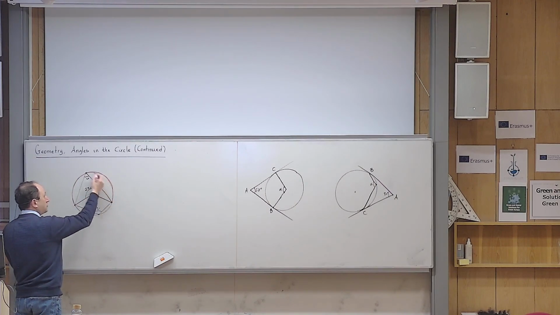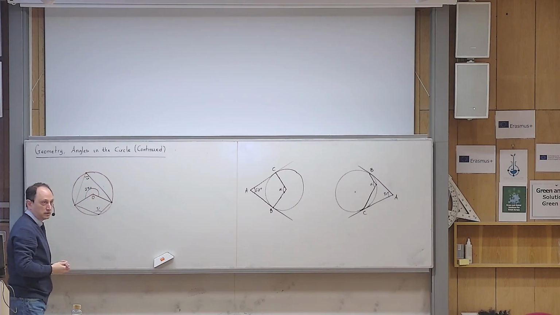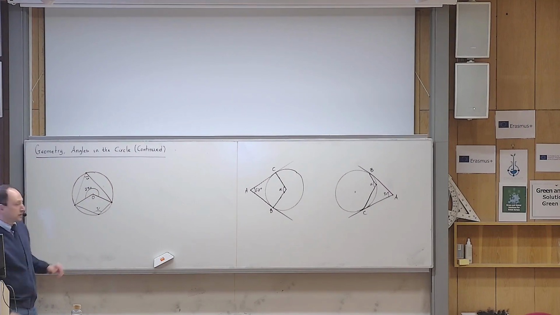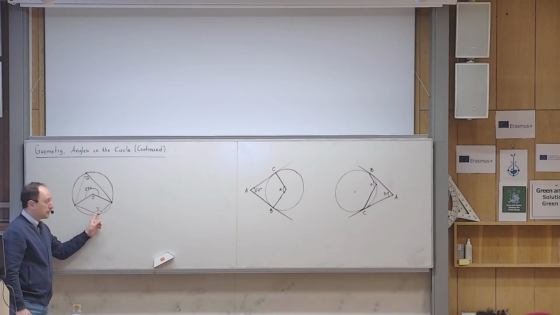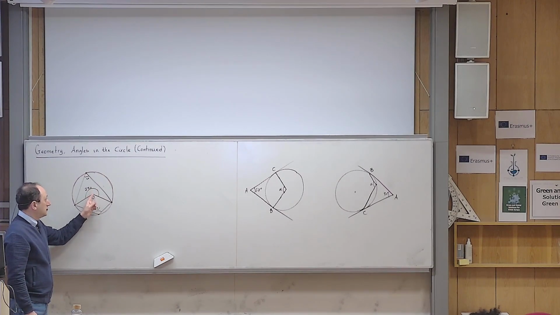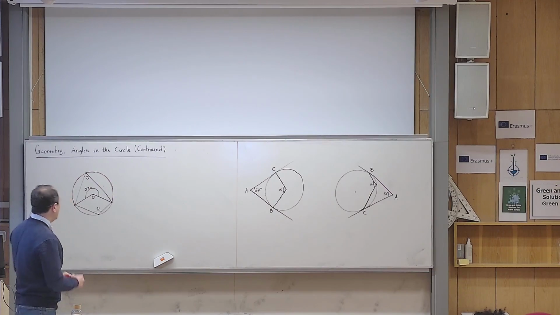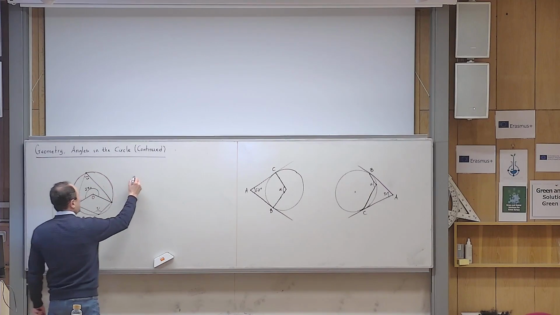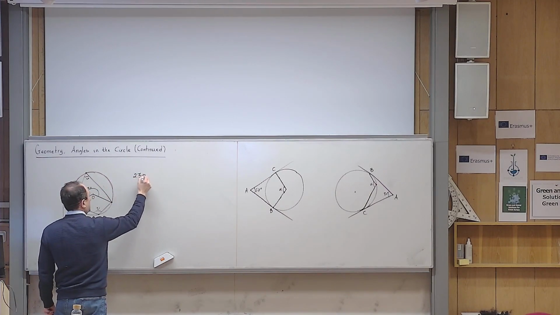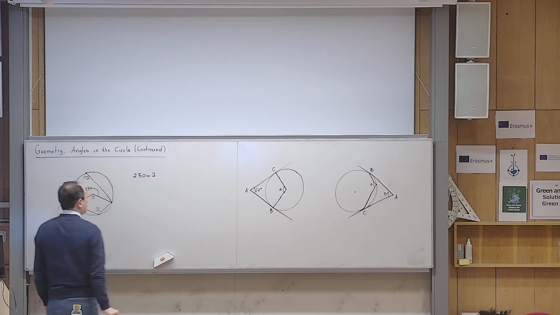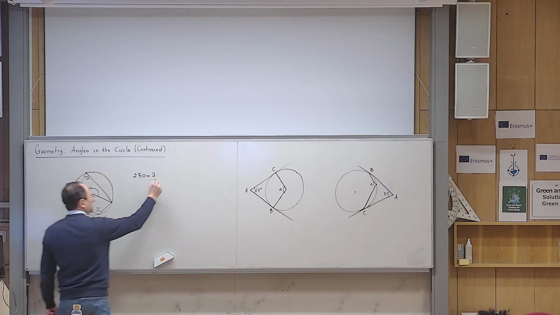So the same red arc is subtended by this central one as well. That's exactly the theorem: I have an inscribed angle and a central angle, both subtending the same arc. If this happens, we know that the central angle is 2 times larger than the inscribed angle.